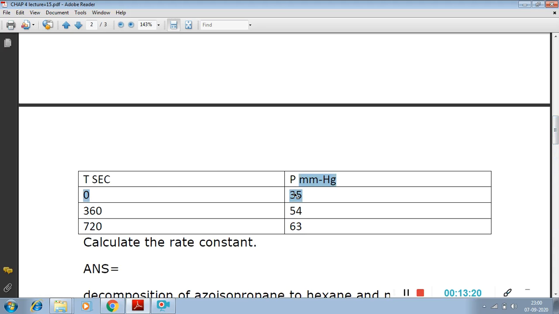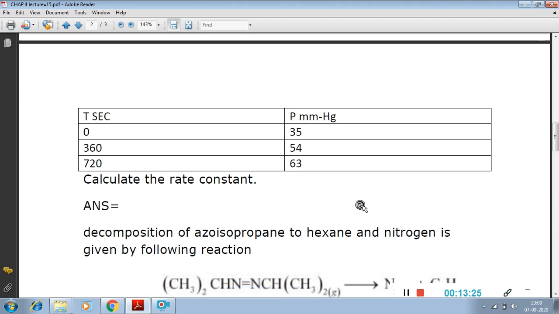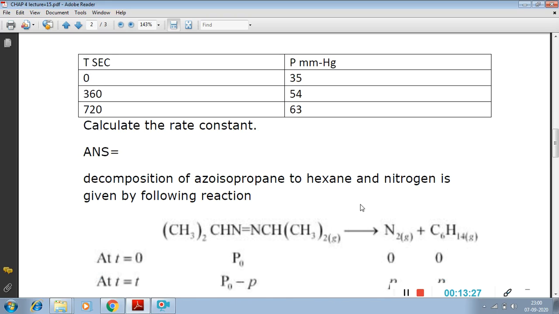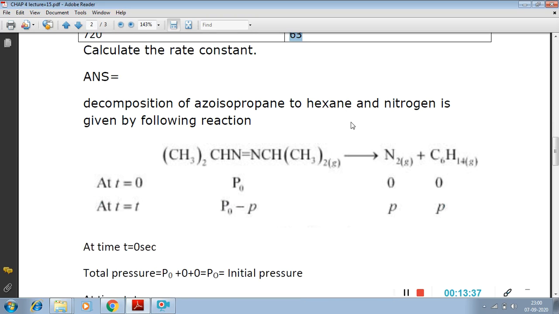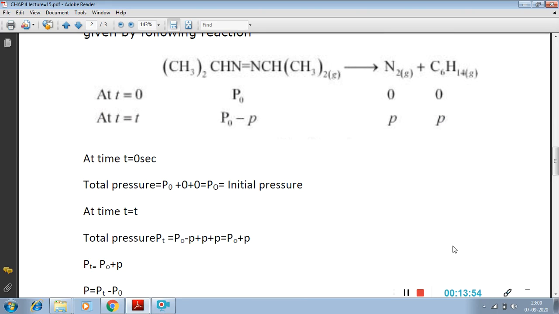P0 will be the same, 35, and in the division you have to write 2P0 minus Pt, meaning 2 into 35 minus 63. That value you have to put there, and you will get the second k value. After getting that second k value, you have to take the average of both k values, that is the rate constant for the overall reaction. So complete the example. Okay, thank you.